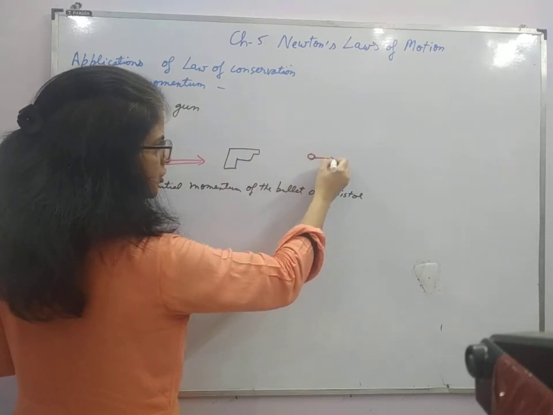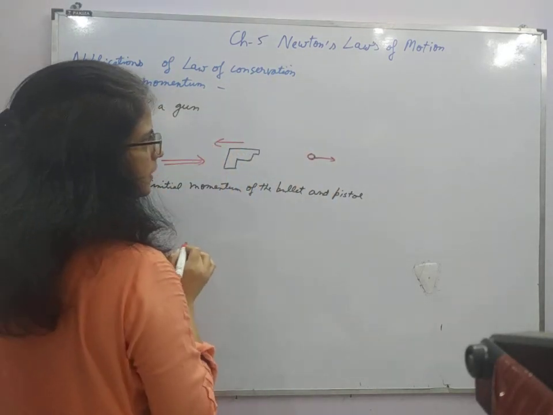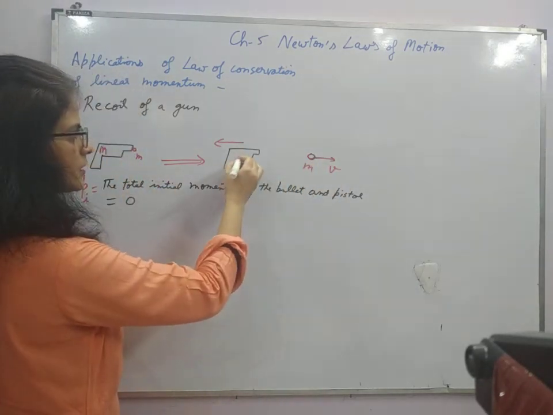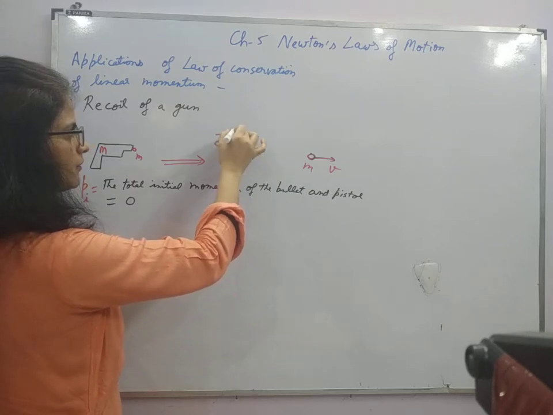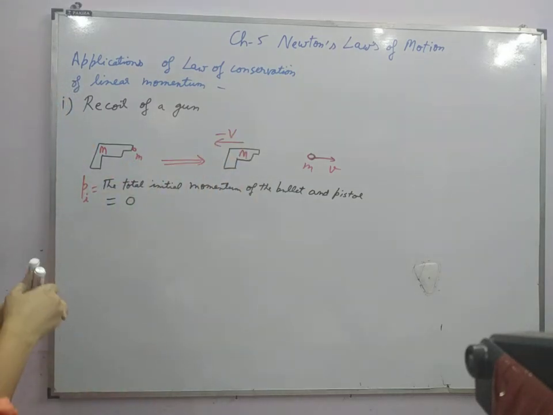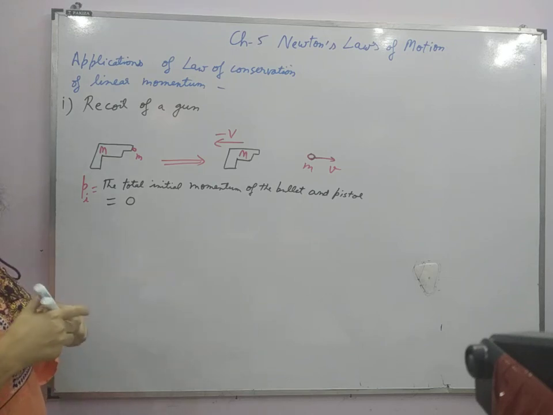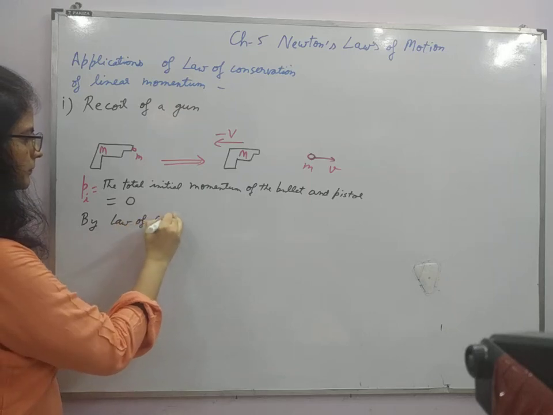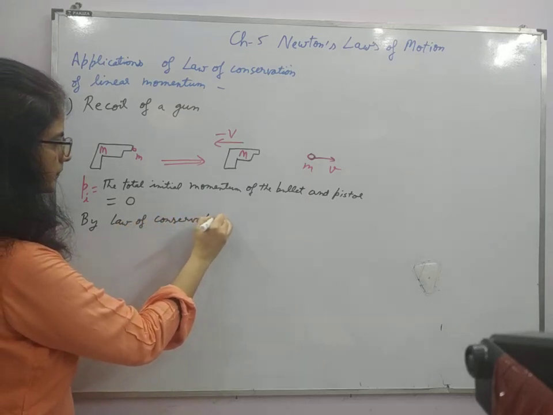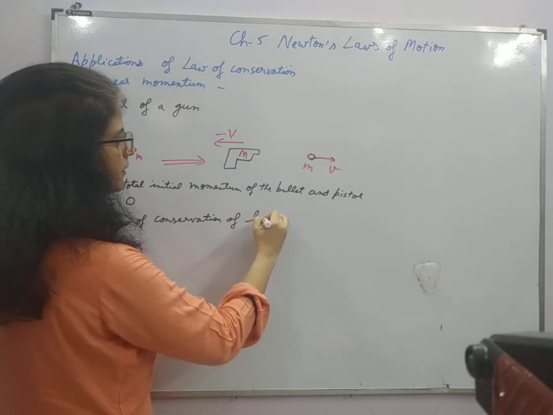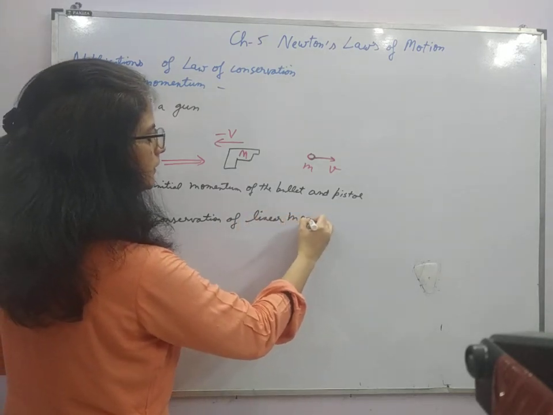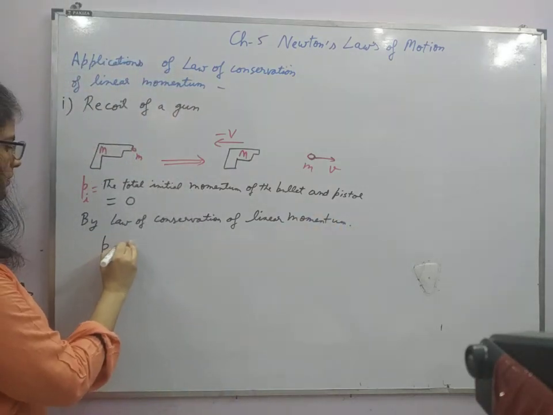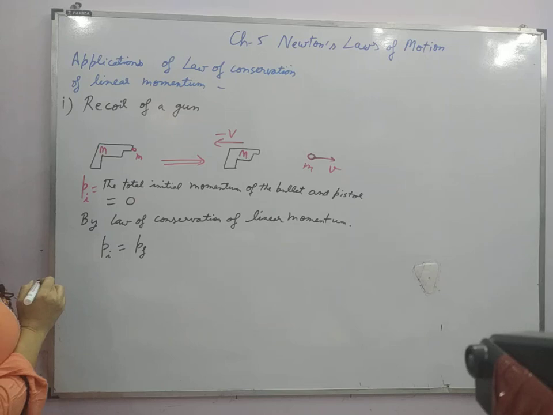With our discussion, it will be clear what the momentum will be. This is small m, and if small v is the velocity of the bullet, this will be the velocity of the pistol. We know that by the law of conservation of linear momentum, initial momentum is equal to final momentum.